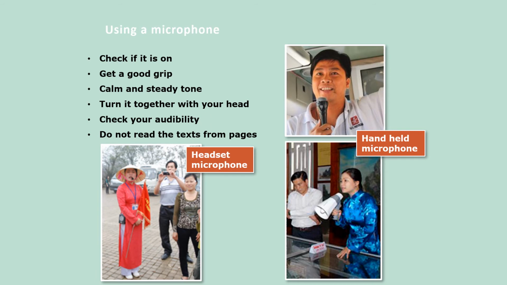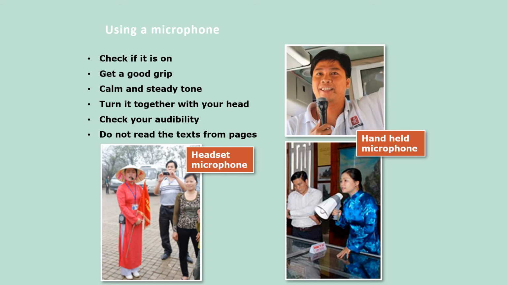Okay, now another technique in guiding is using a microphone, right? So sometimes you use a microphone or megaphone or transmitter. Here I want to discuss the microphone. Before you use the microphone, you have to check whether it is on or off.